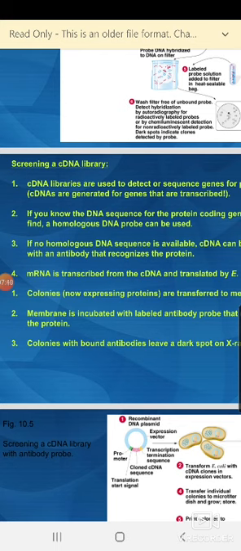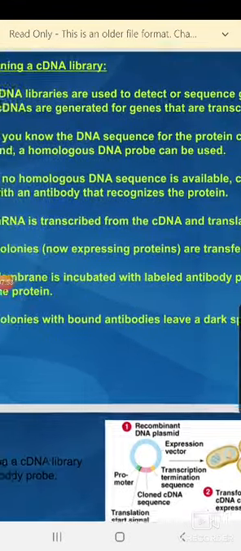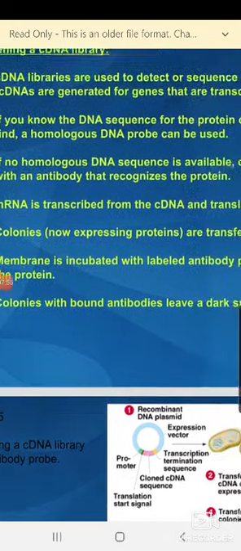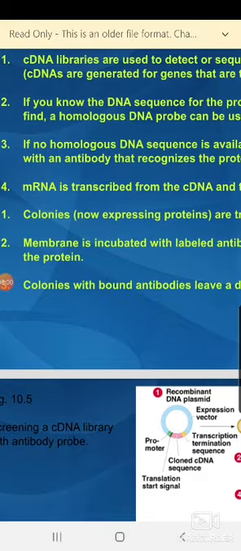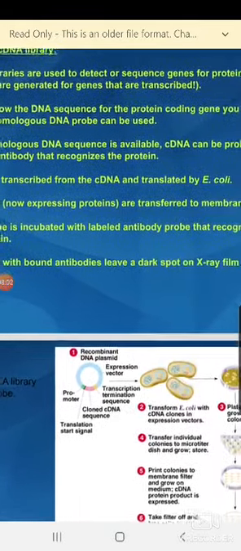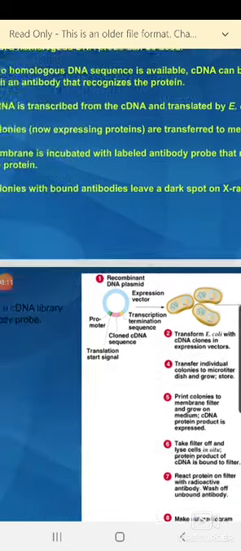If it is an expressed protein, you can develop an antibody against that protein, and that antibody can be used as a probe. mRNA is transcribed from the cDNA and translated by the host cell. Colonies now expressing the protein are transferred to the membrane. The membrane is incubated with a labeled antibody probe that recognizes the protein. Colonies with bound antibody leave a dark spot on the autoradiography X-ray film.